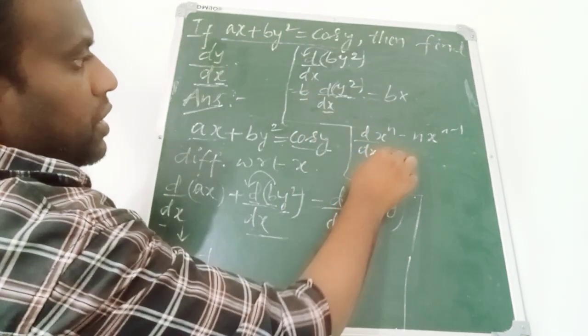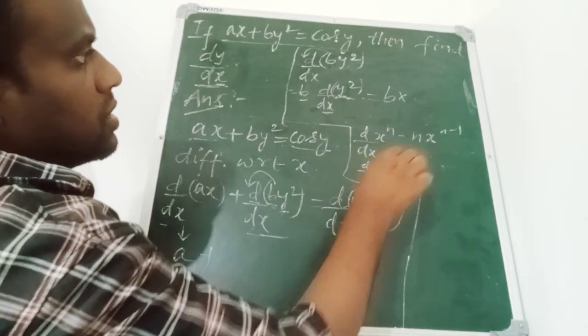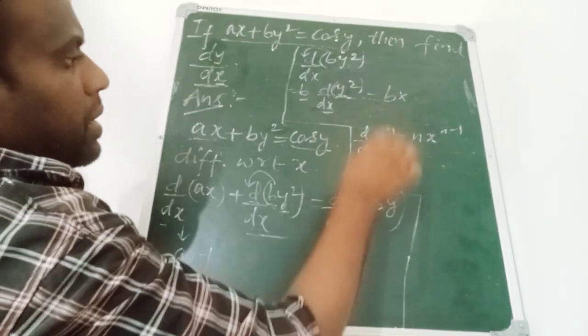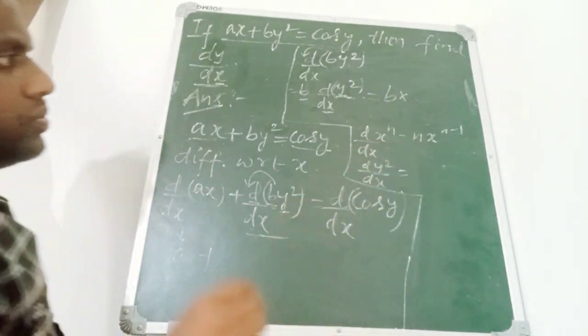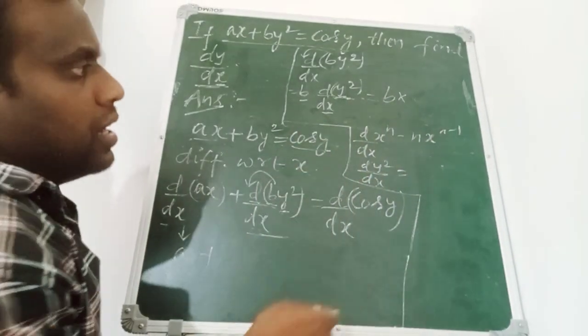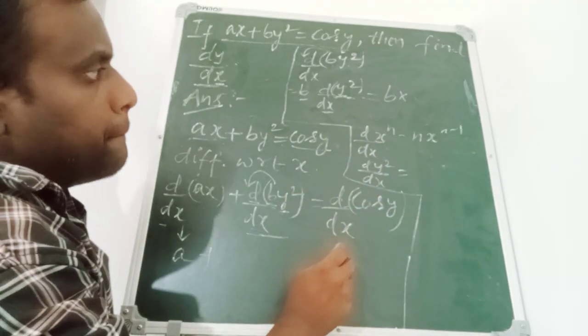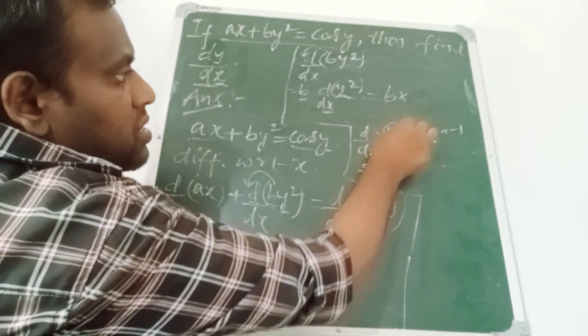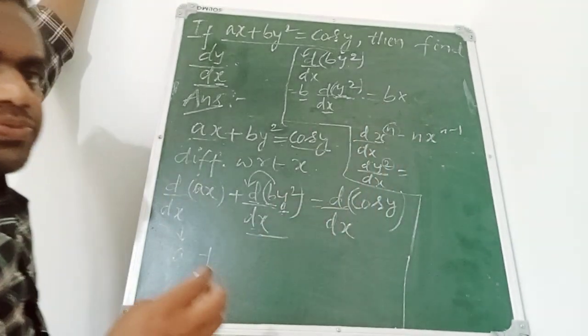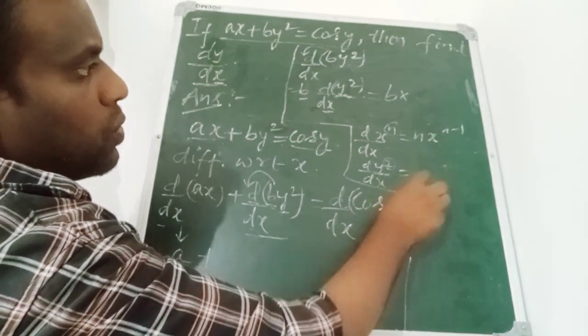Now I will write it down here: d of y square by dx, that is equal to, see here, this is in the form of this. In place of x we have y, and in place of n we have 2. So according to this formula, this is equal to n.